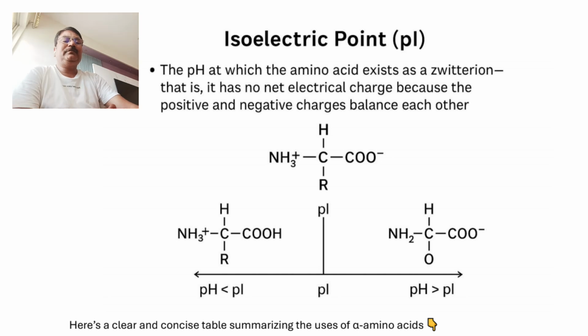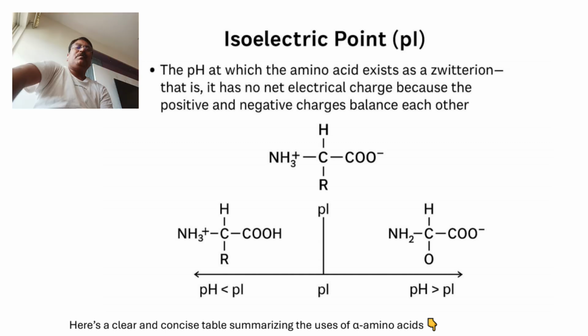For alanine, serine, proline, all alpha amino acids have a specific isoelectric point. It is similar to properties like viscosity, melting point, boiling point. All kinds of alpha amino acids have a specific isoelectric point, and this is a special property shown by these alpha amino acids.